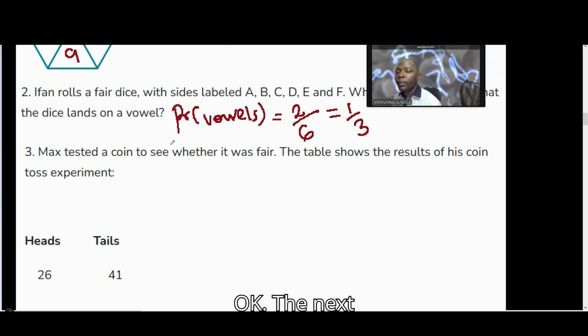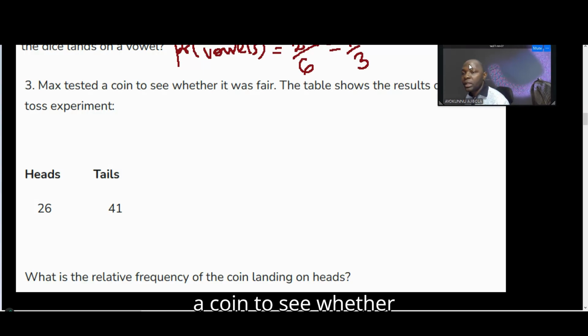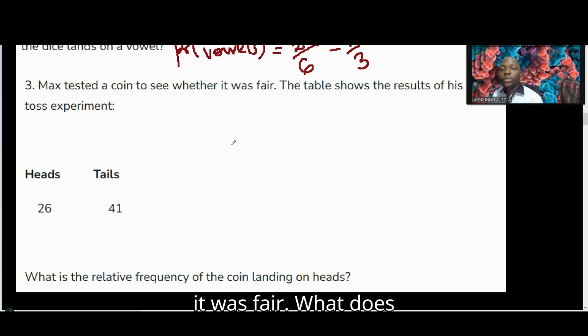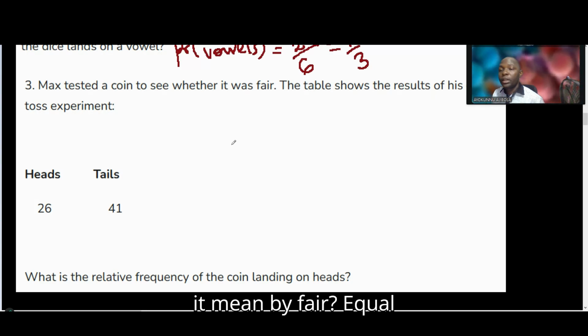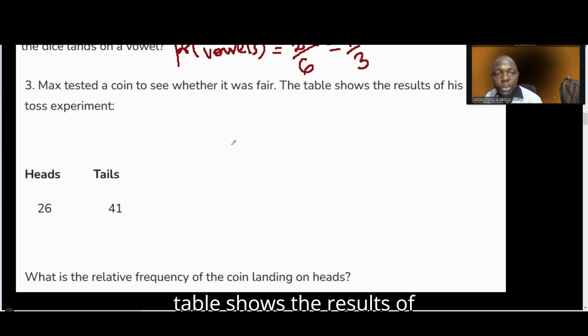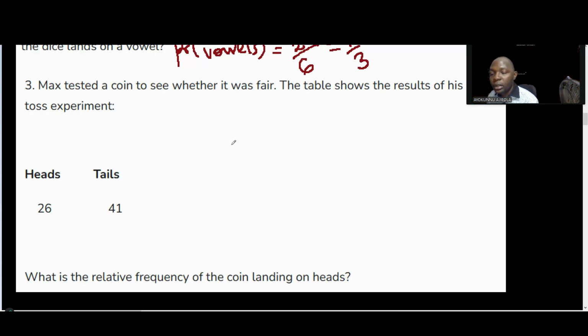Okay. The next one, Max tested a coin to see whether it was fair. What does it mean by fair? Equal chances of head and tail on the coin. So the table shows the results of his toss experiment.